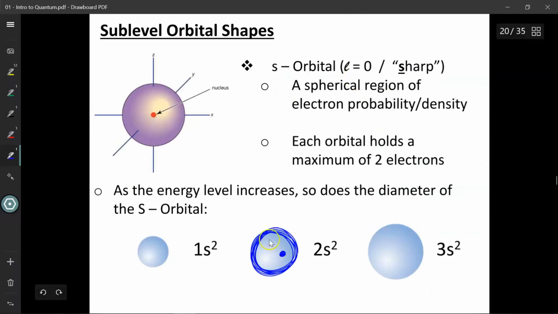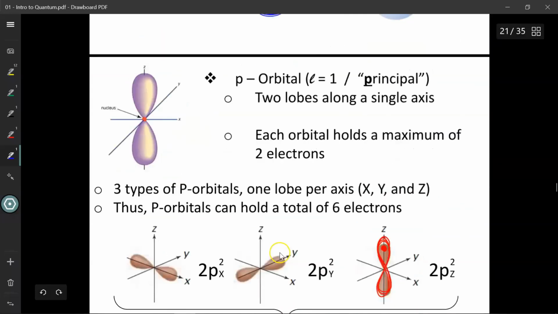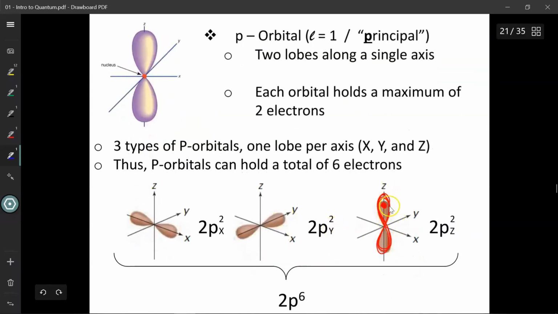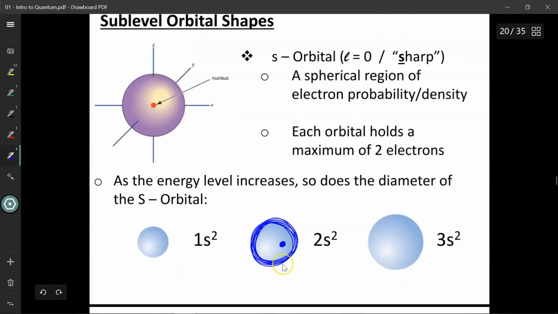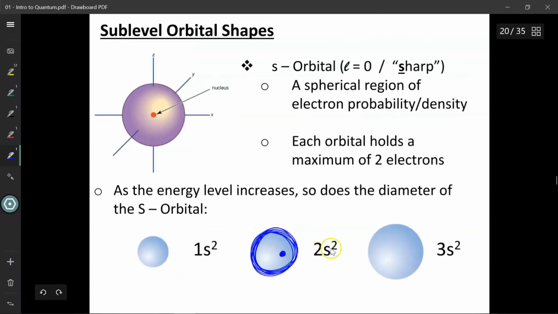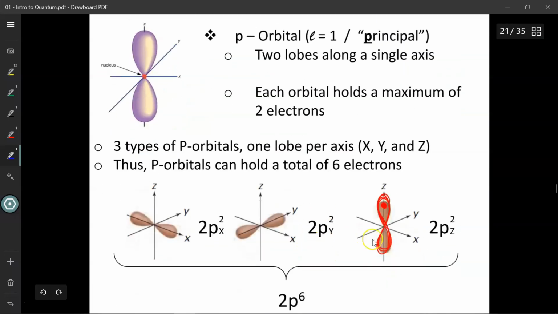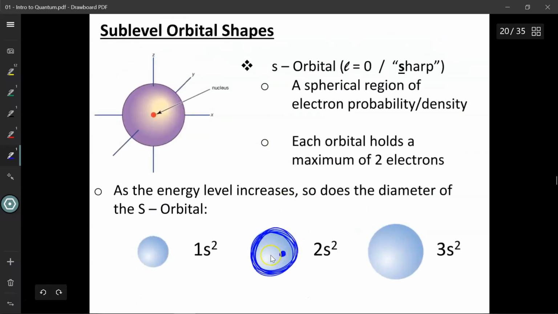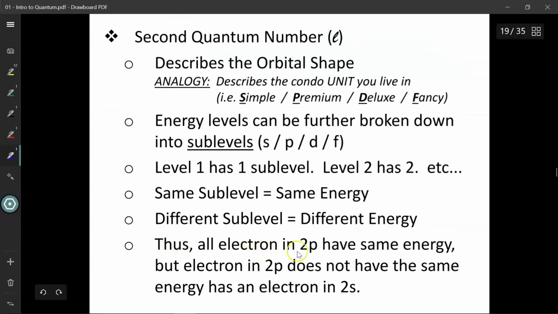So an electron on the 2s would not have the same energy as an electron in the 2p. All right? So even though they're both on the second energy level, because this is an s suborbital, while this is a p suborbital, the p suborbital is going to have more energy than the s suborbital. All right, so all electrons in 2p have the same energy, but an electron in 2p does not have the same energy as an electron in 2s.